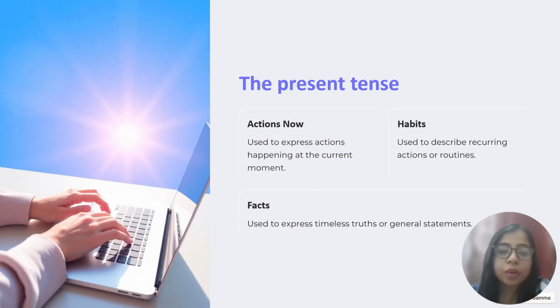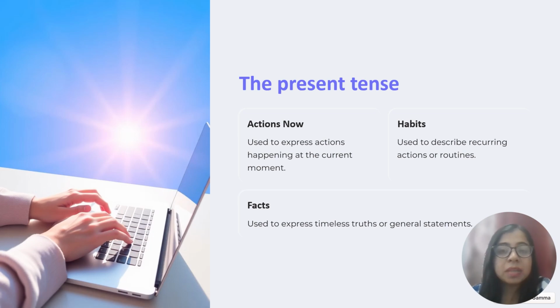Let's come to the present tense. Now, when we say the word present, it means right now. Something which is happening right now. Okay. So, the first point is written: actions now. Used to express actions happening at the current moment. So, while I'm speaking, maybe you're writing.